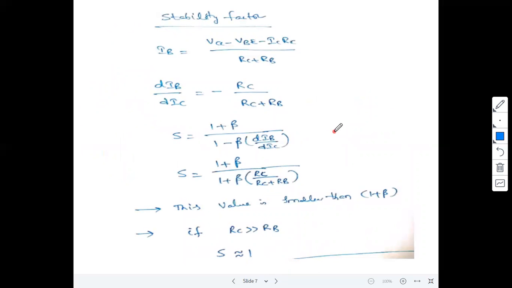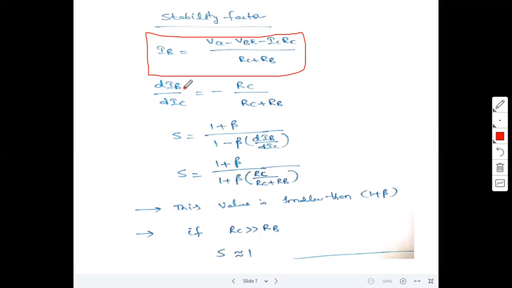Now the stability factor. First, we derive the stability factor. We require the base current in terms of collector current expression, which we already derived: IB is equal to (VCC minus VBE minus ICRC) by (RC plus RB).